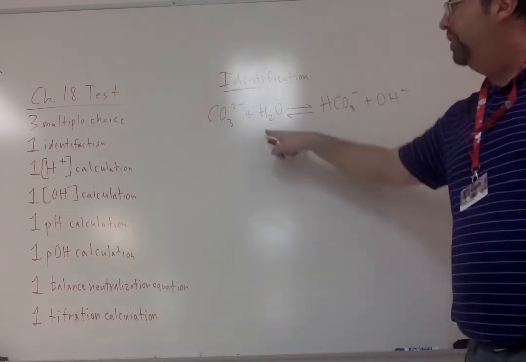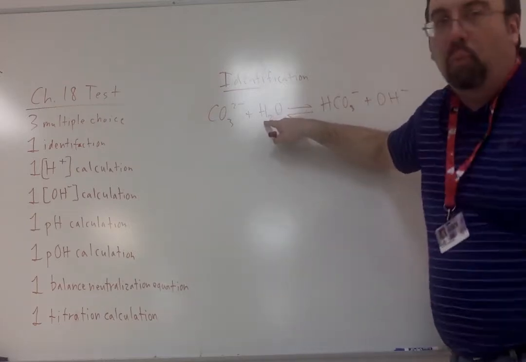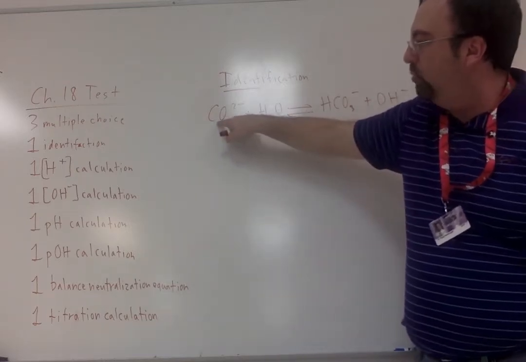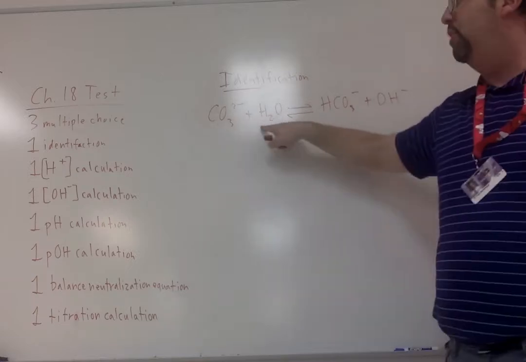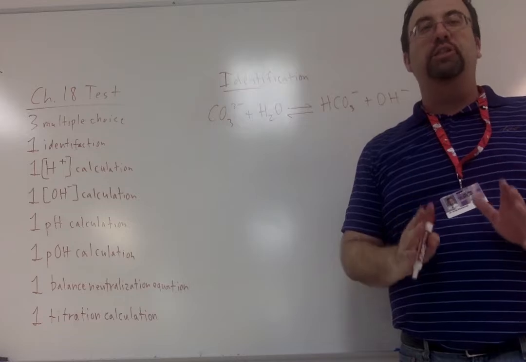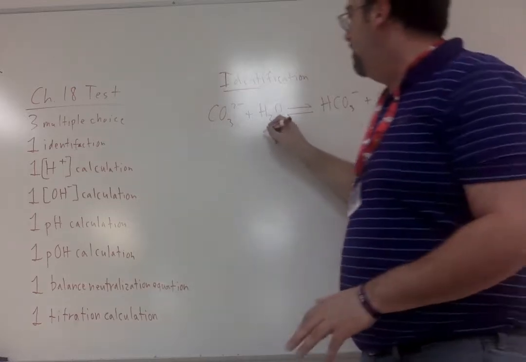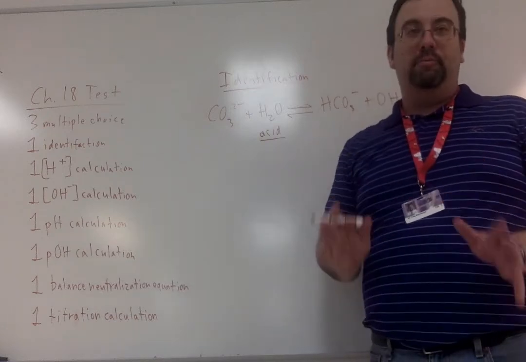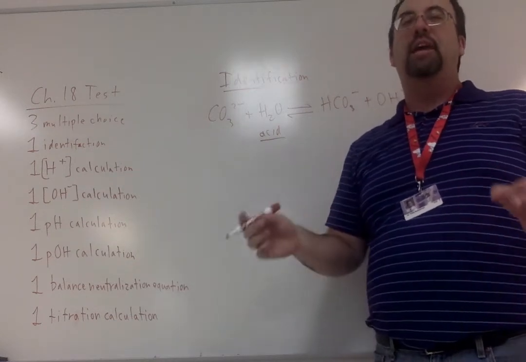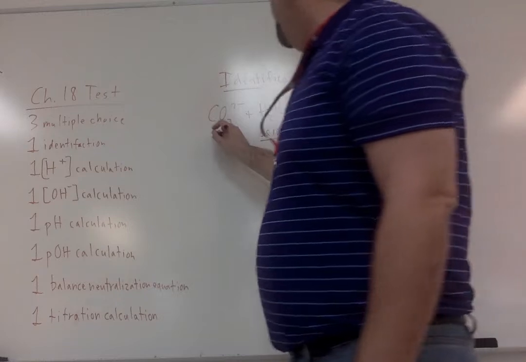All right, notice that in this problem, the water is giving up one of its protons to CO3 and therefore, according to the Bronsted-Lowry model, this would be our acid, and therefore the species that accepts the H plus ion is the base.